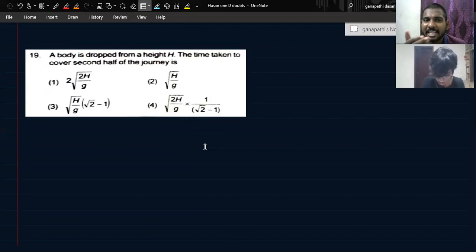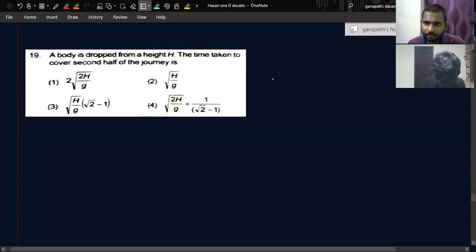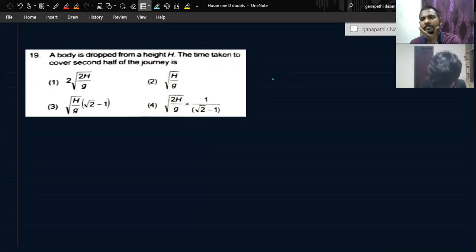Second half of the journey, that means h by 2. How much time will it take? Root h by g into root 2 minus 1.